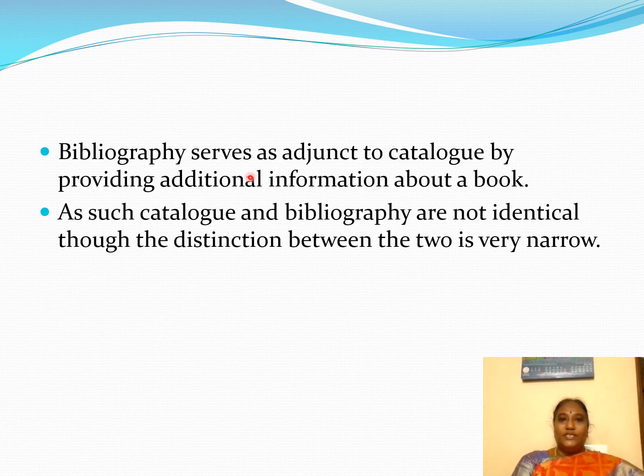So bibliography serves as an adjunct to the catalog by providing additional information about a book. As such, catalog and bibliography are not identical, though the distinction between the two is very narrow.